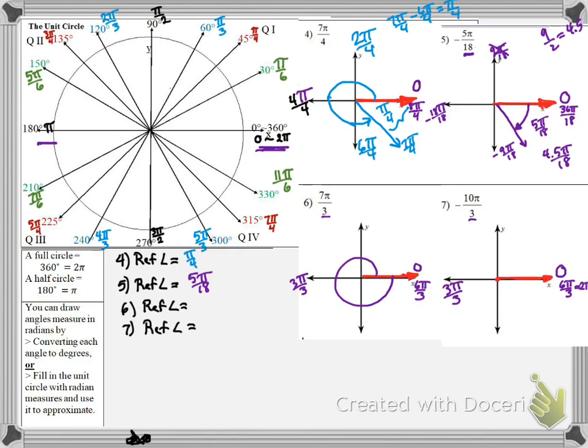I want 7 pi over 3. I've already drawn 6 pi over 3. What's left to draw? So 7 pi over 3 is what I want. 6 pi over 3 is what's already done. That leaves me pi over 3 left to draw.